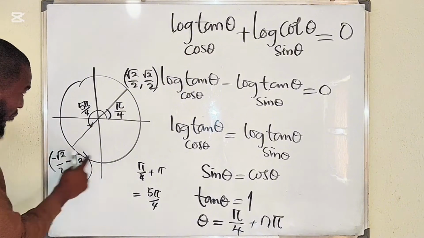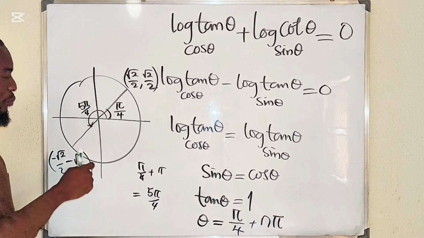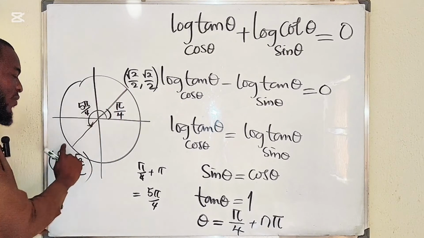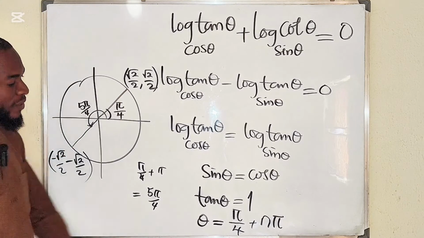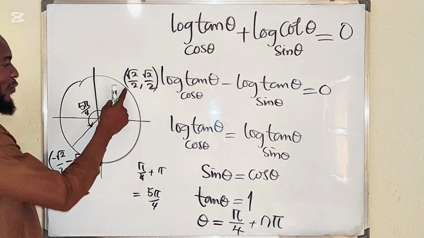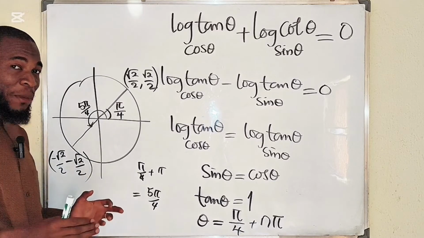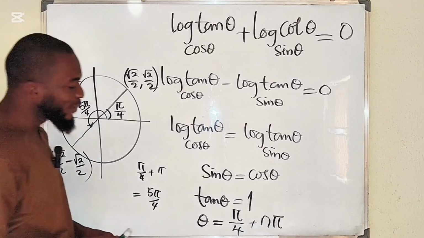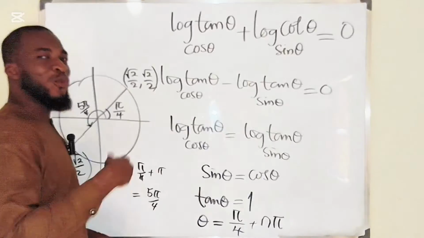We have to return back to where we started by adding another pi. So we have been jumping this. From here to here is pi, but from here back to this is 2 pi. So instead of adding pi, we can add 2 pi. From here, if you add 2 pi, it will come back to where it started. We have another coterminal angle. Keep on adding. So instead of adding n pi, we can add 2n pi.